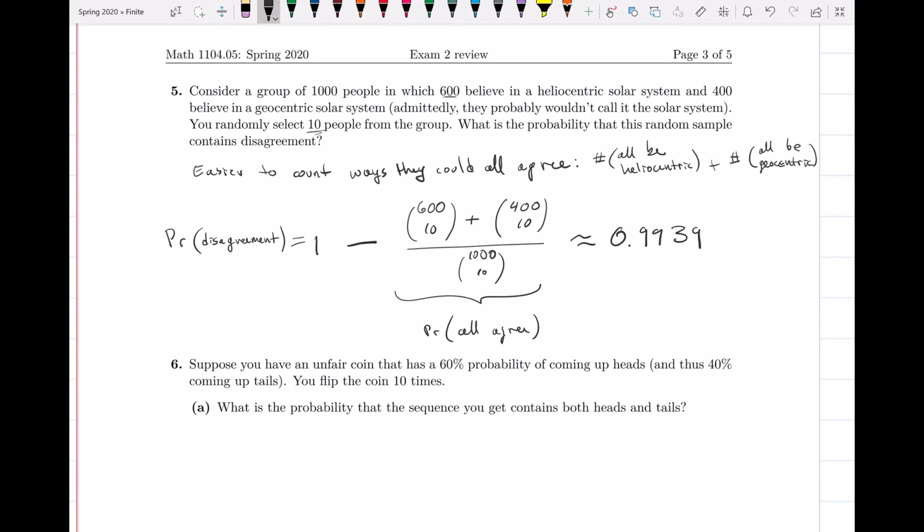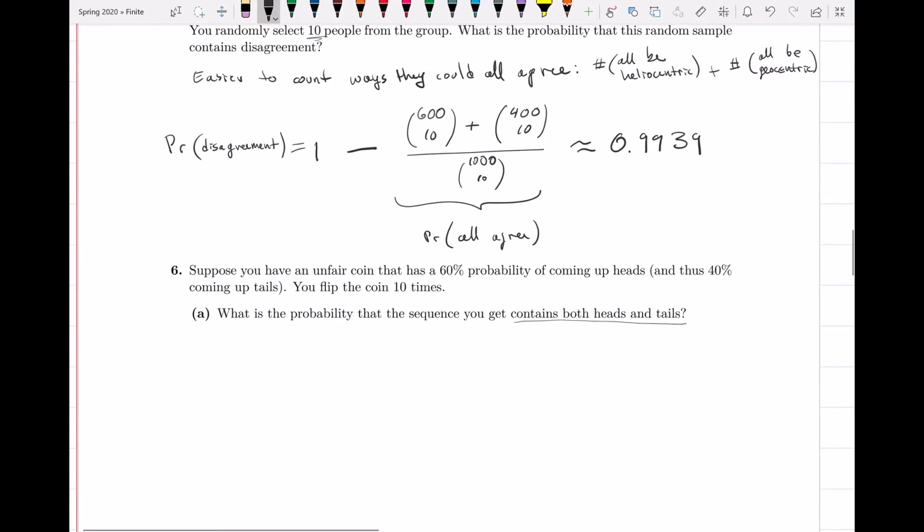If it has to have both heads and tails, again, it's easier to count the complement, the probability that it's either all heads or all tails.